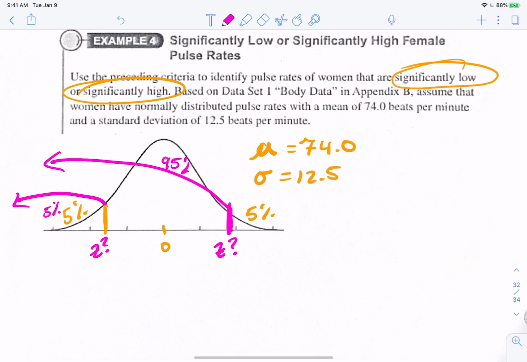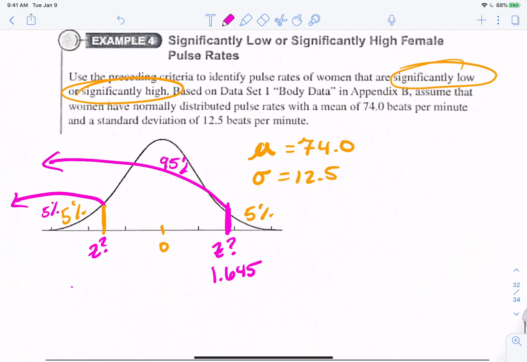So, what's the z-score for 95%? 1.645. You should remember that. We just looked that up in the table. What's the z-score for just 5%? Negative 1.645. They're both the same spot, right? Start thinking smarter, and then you can cheat. You don't have to do as many steps.